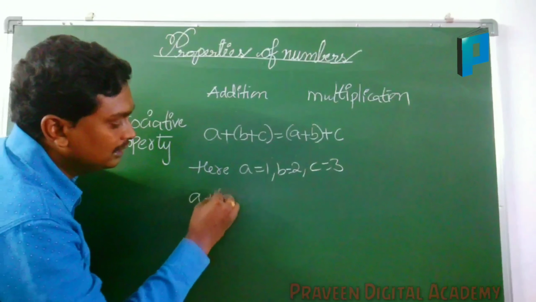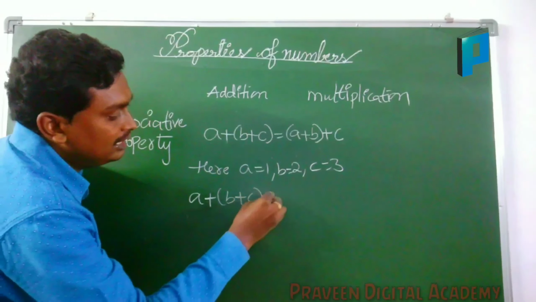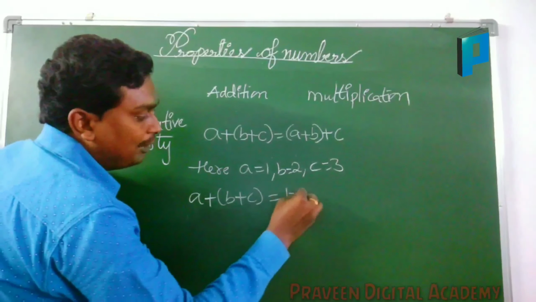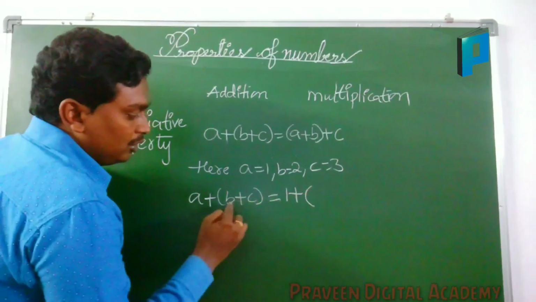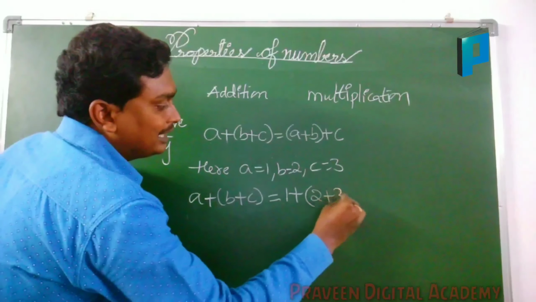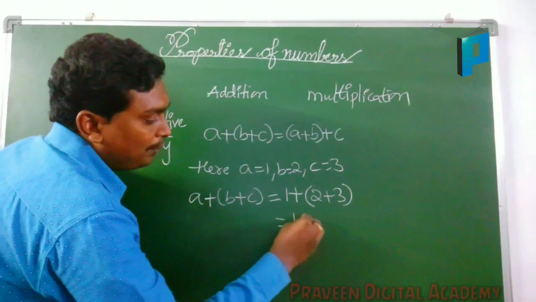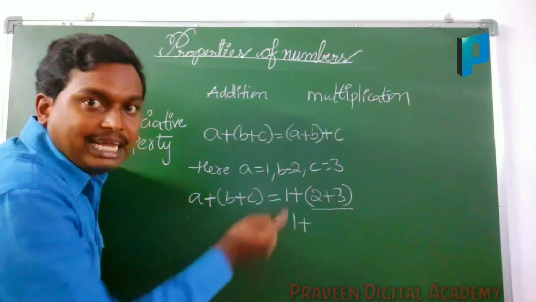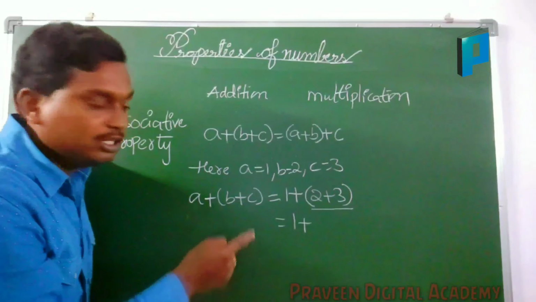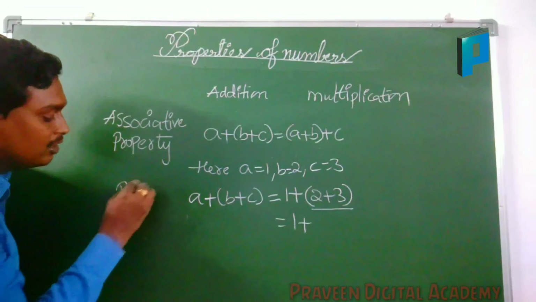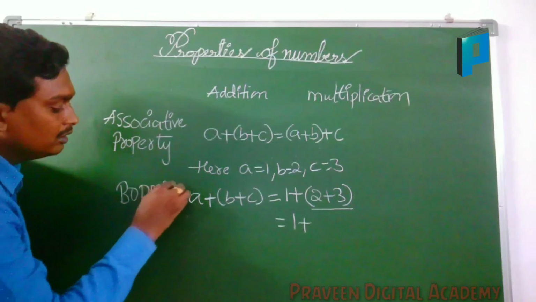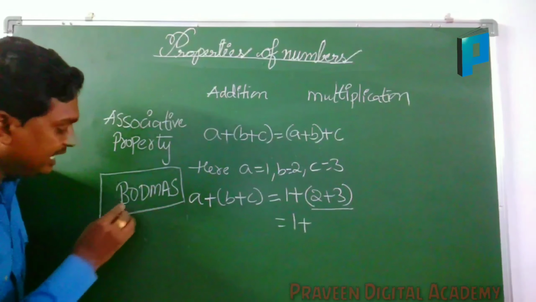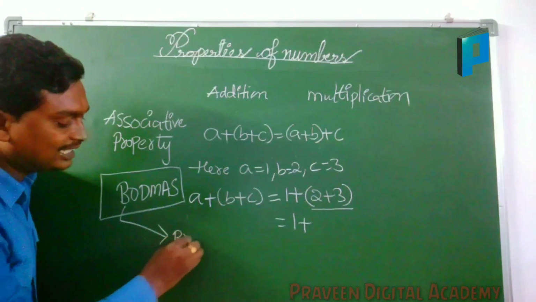What is a plus (b plus c) on the LHS? a is how much? 1 plus, 2 plus 3. What did I get here? 1 plus, always you have to solve whatever is in a bracket first. Why? Because by using the BODMAS method, we will solve all the problems. What does this BODMAS method indicate? B indicates brackets.